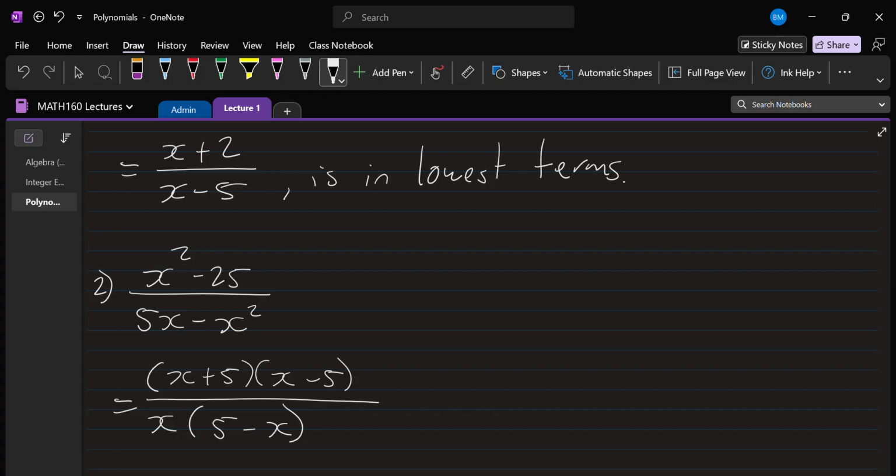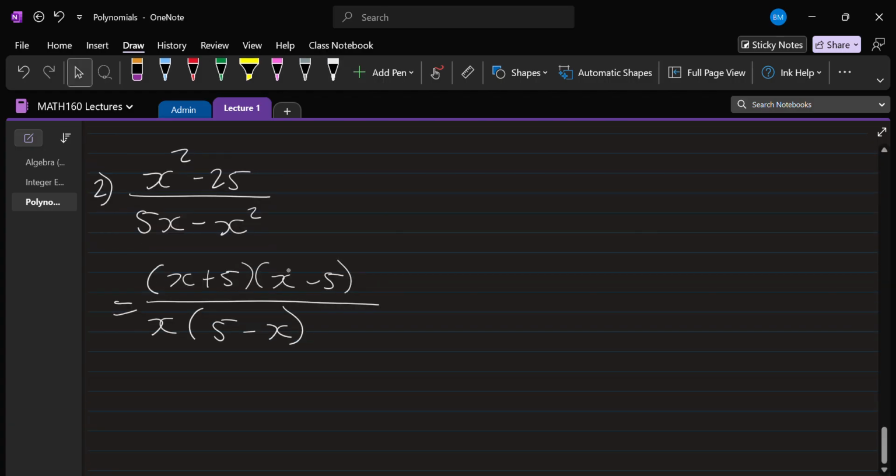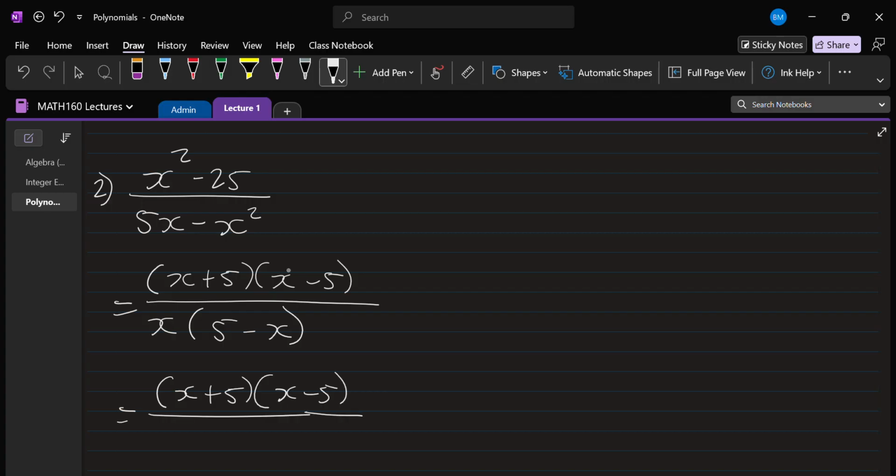We can just cancel the factors, top and the bottom, and now it is in lowest terms. Okay, quite simple. This cancelling of the factors, we will see quite a bit later on when we do functions. When we look at domains and ranges of functions, this will become quite important.